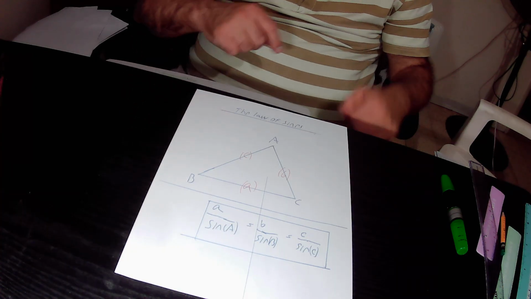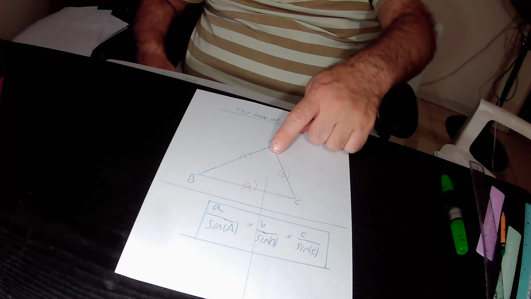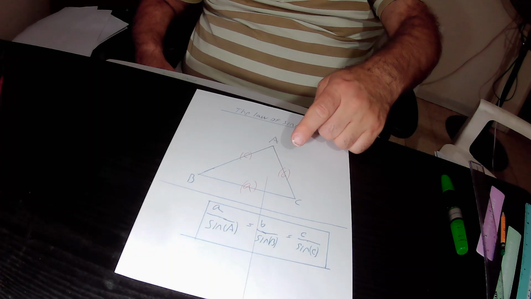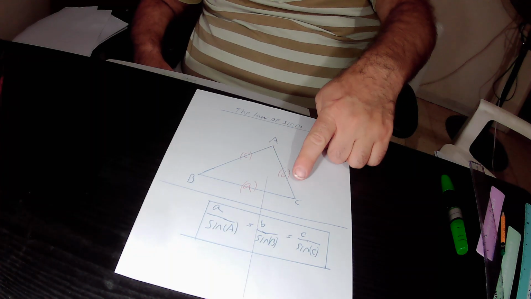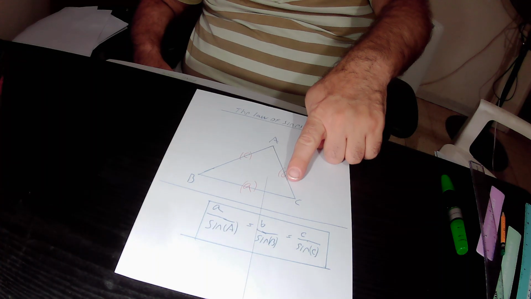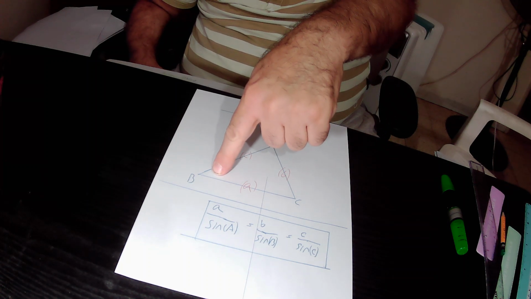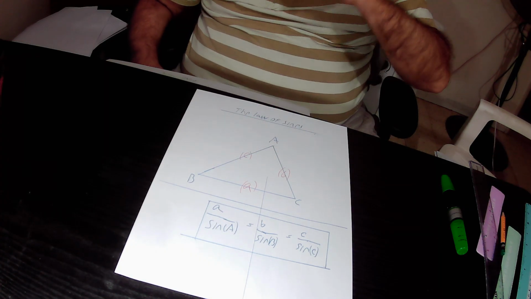We also know that the size of this angle BAC is capital A degrees. The size of this angle ACB equals capital C degrees. And the size of this angle ABC is equal to capital B degrees.